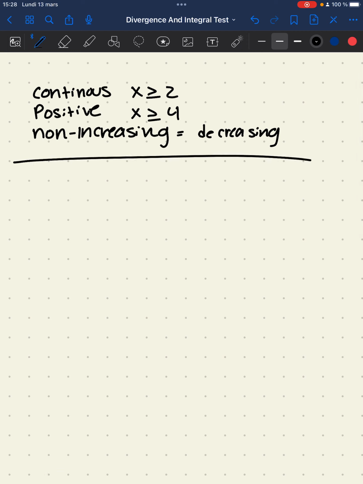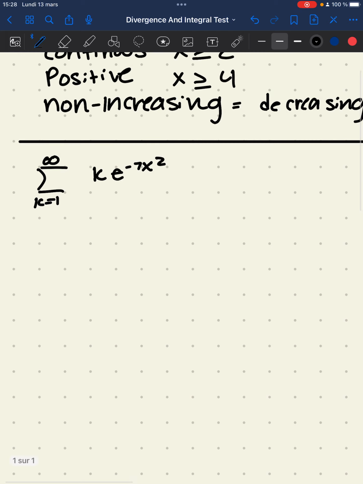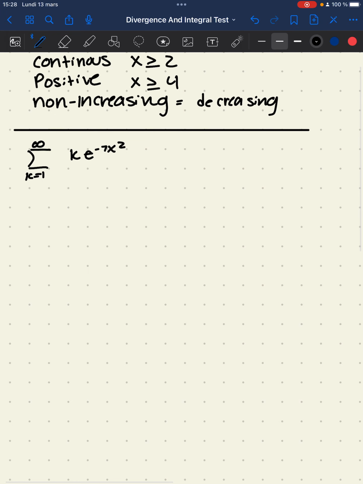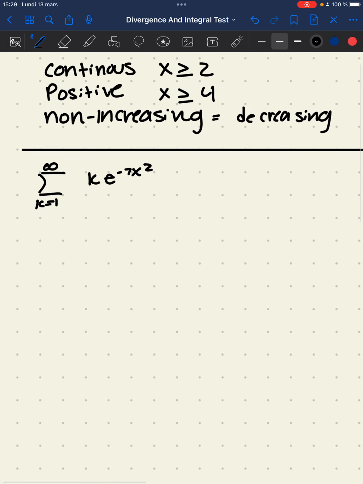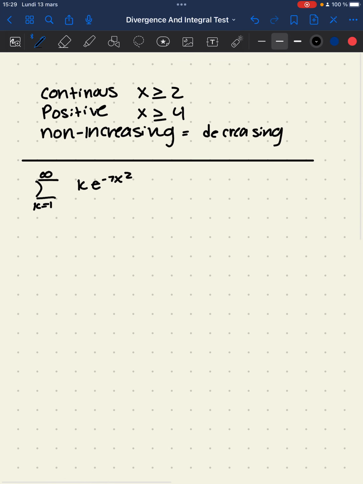Now let's start off with some fairly understandable practice problems. So we have the series starting at 1, going on to infinity, of k e to the negative 7k squared. This might seem a bit difficult to solve, but we can make it a little bit simpler. First of all, we have to check the 3 requirements to see if we can use the integral test for this.